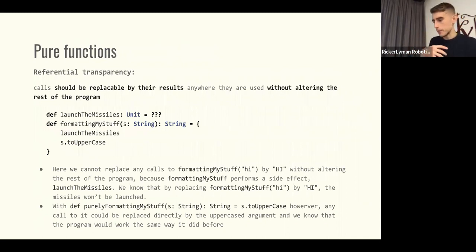So for instance, if the function is not side effect free, we cannot do that because we are not sure that the state of the system will be the same, that our program will not change. If a function is pure and side effect free, we can just take the value which this function produces and substitute it in all of the places where this function is called. So this is called referential transparency.